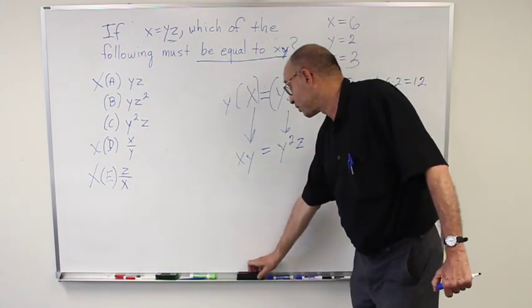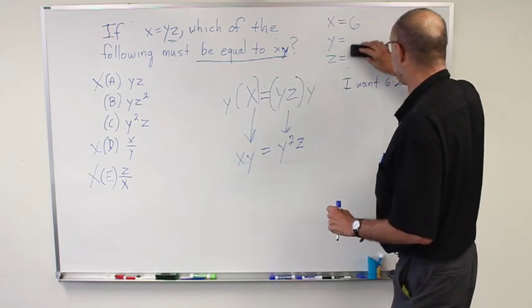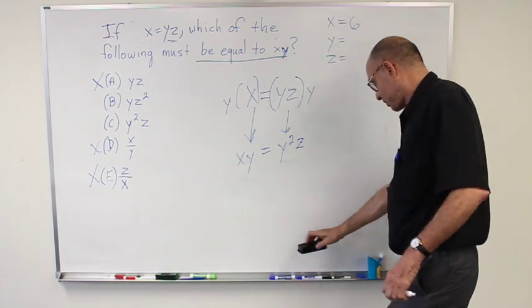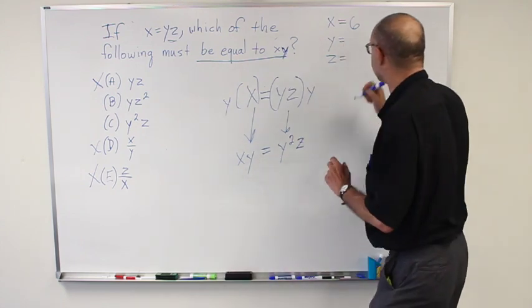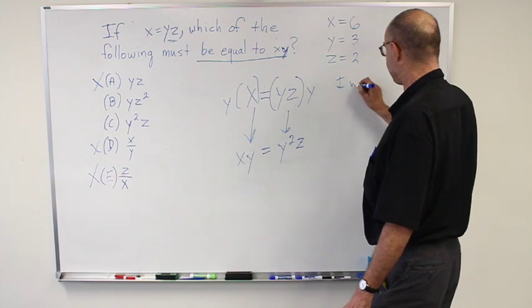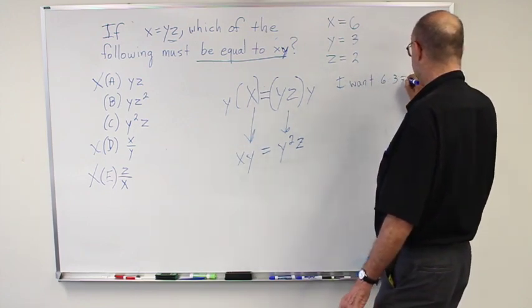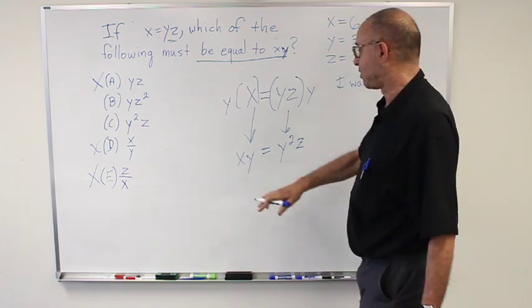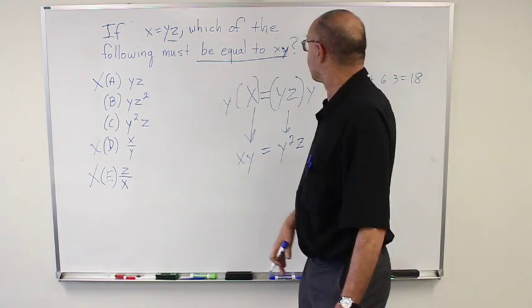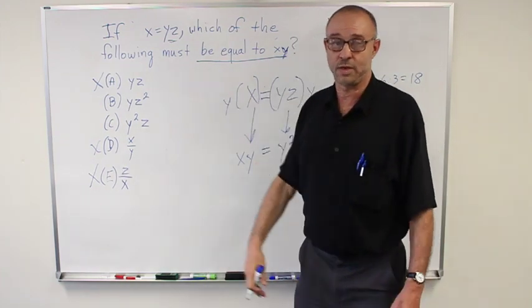And just to show you that this method works, every time if you plug in the numbers correctly, I can also say 3 times 2 equals 6. Let's say y is 3 and z is 2. Now I want x times y to be 18. And once again, letter C fits that because y squared, 9 times z, 2 equals 18.